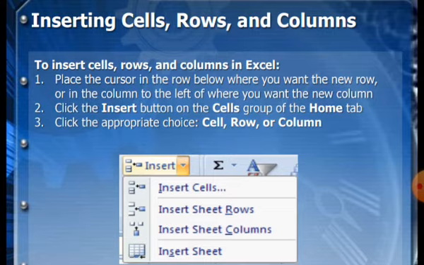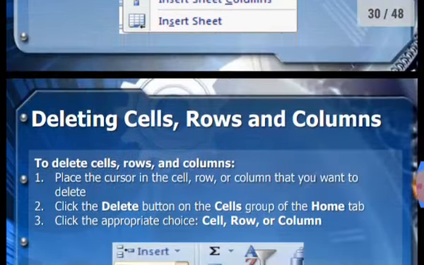Third step, click the appropriate choice: cell, rows or columns. When you right click or select an insert option, there are several options on the screen. You see insert cell, insert sheet rows, insert sheet columns. You have to select the appropriate one to insert a row or column. Now move forward.